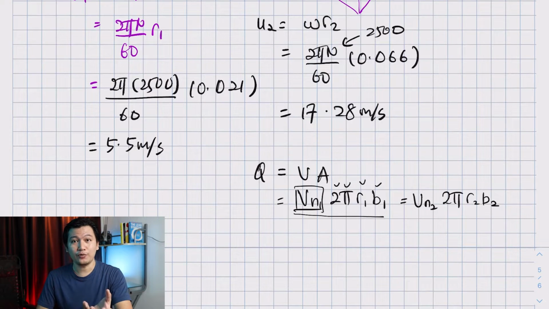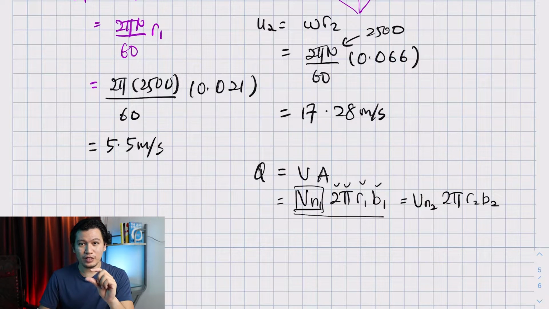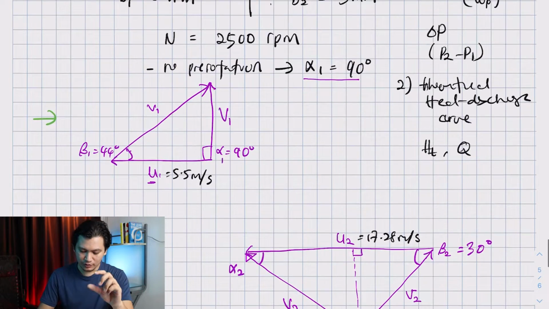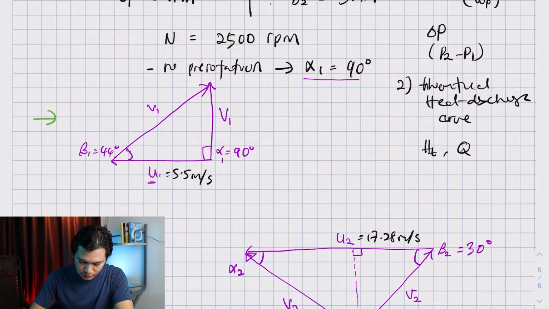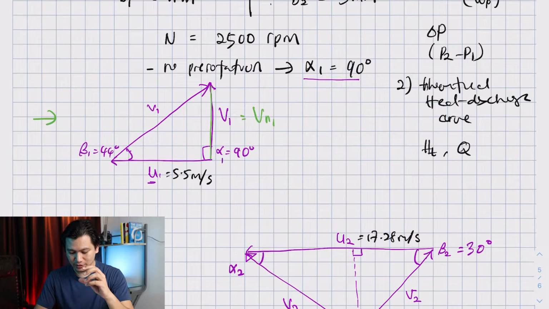So where is Vn1? Vn1 is the absolute velocity that is perpendicular to the blade speed. If you look at our inlet velocity triangle here, and I use green to mark it, this is also your Vn1. So V1 is actually Vn1, because this is already perpendicular to the blade speed. Now how do we find Vn1?